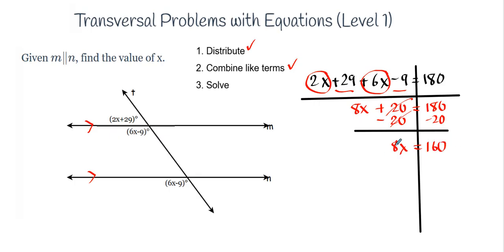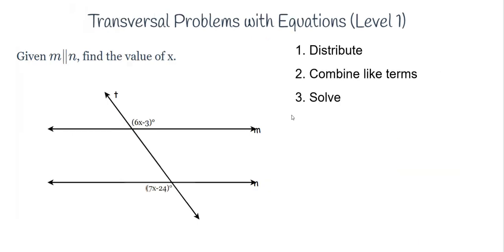And then we'll get rid of the coefficient of 8 by dividing by 8 on each side. And when I divide by 8 on each side, we have x is equal to 20. And that's it. I'm going to show you one more example where we don't have angles that add up to 180. I'll show you an example where they're actually the same.